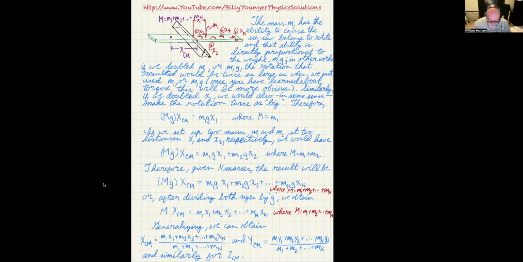But what we see here is now we have m1g times x1 plus m2g, there's the force again, times x2. Those two are going to tend to rotate the plank in a clockwise rotation. The right-hand side is going to go down.